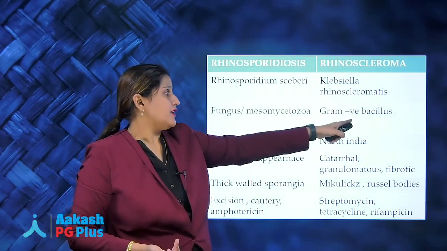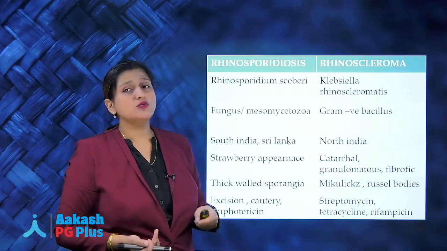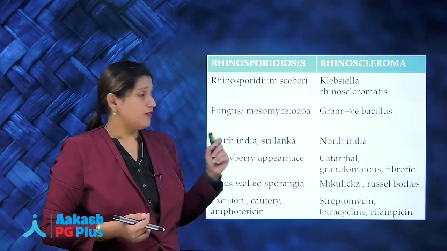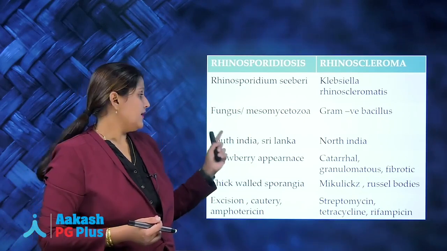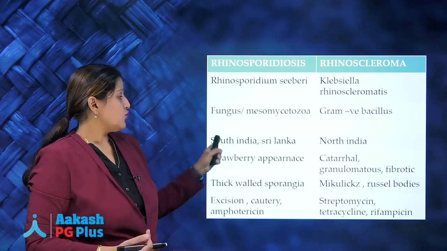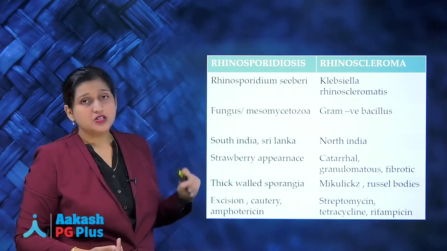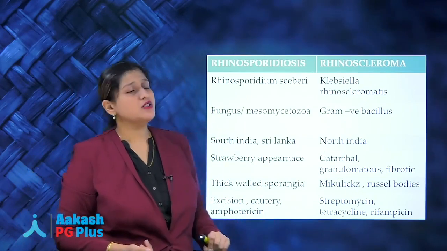It is a gram-negative bacillus, and Rhinosporidium belongs to the Mesomycetozoa family. Because of the hot and humid climate, fungus grows more. So you can remember that in South India and Sri Lanka, this disease is more common, and in North India, rhinoscleroma is more common.